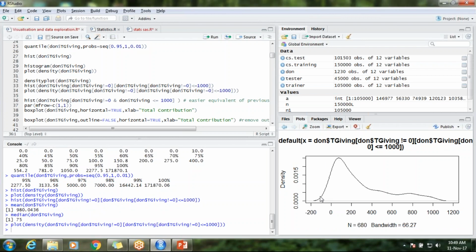My distribution was skewed more towards the left-hand side. If I consider only the range of 0 to 1000, it was skewed towards this side, and most of my population is concentrated near 0. So in that case, the median becomes a better representation for the treatment of missing values.